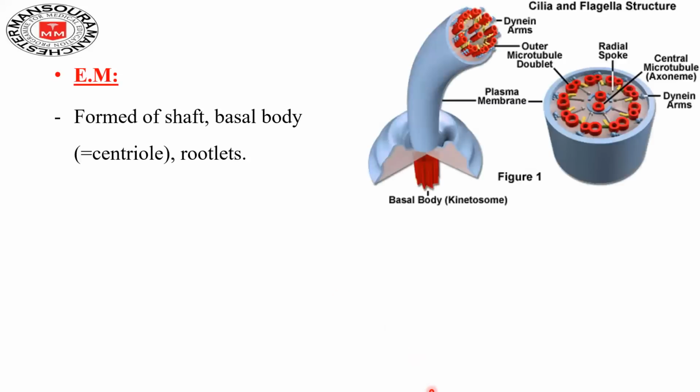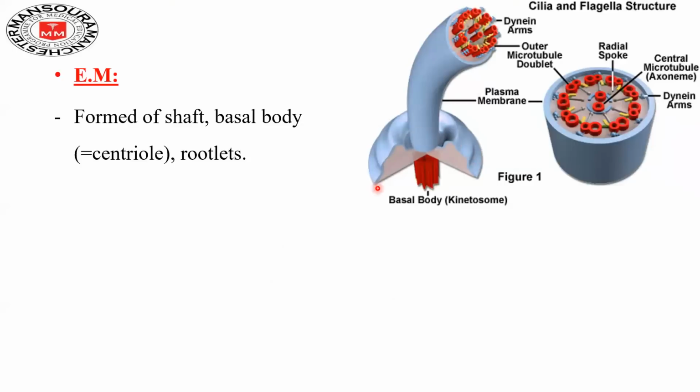By electron microscope, cilia is very similar to the centriole. As we mentioned before, centriole forms the basal body of cilia. So here, if we have one cilium like that, it is divided into a shaft, which represents the part projecting out of the surface of the cell.